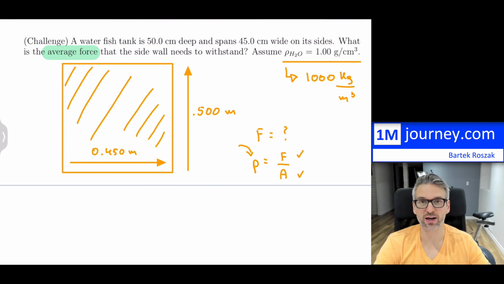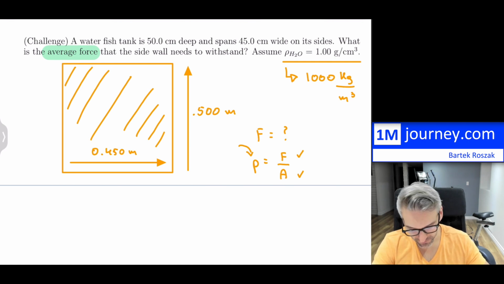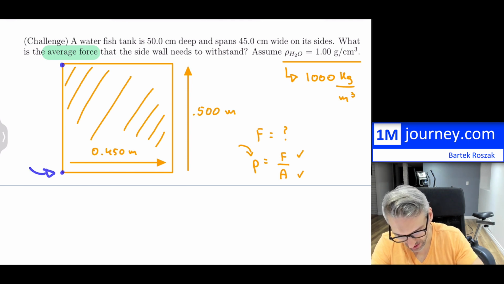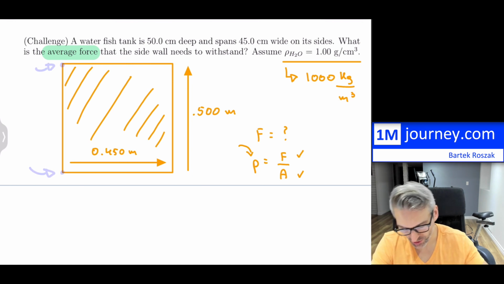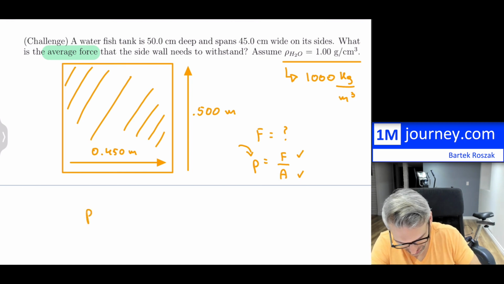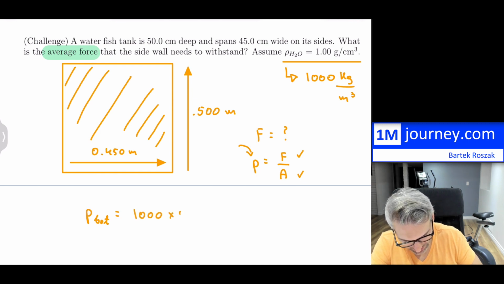So how do you find the average? Well, it's increasing uniformly. So we can find the pressures. The gauge pressure on top is 0, and we know the gauge pressure all the way at the bottom. The pressure at the bottom is equal to the density, which for water is 1,000, times 9.8 times the height.